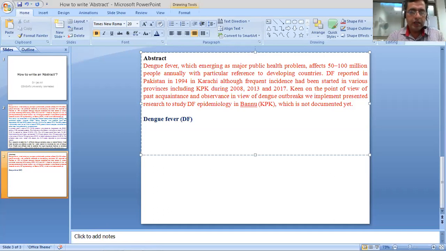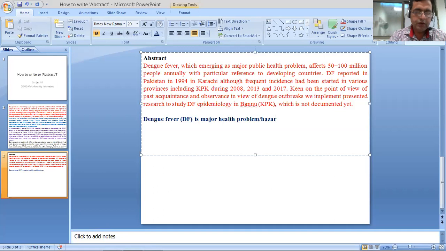So I can write it like this: dengue fever is a major health problem or hazard. You can think about different words.